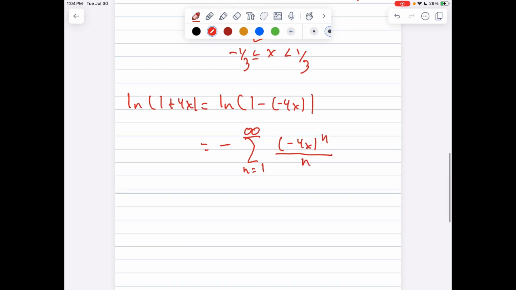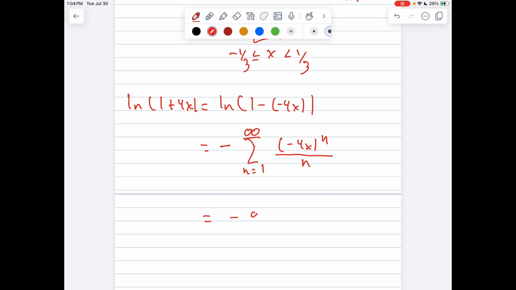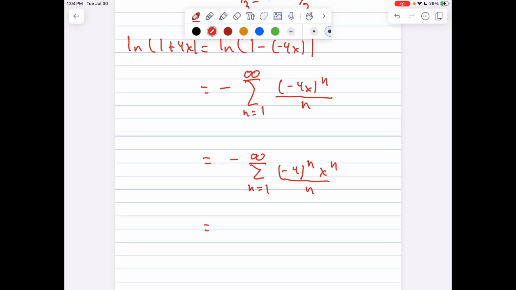which becomes, with n equals 1, negative 4 to the n times x to the n over n, and that negative 4 to the n would become negative 1 to the n, 4 to the n, x to the n over n here.